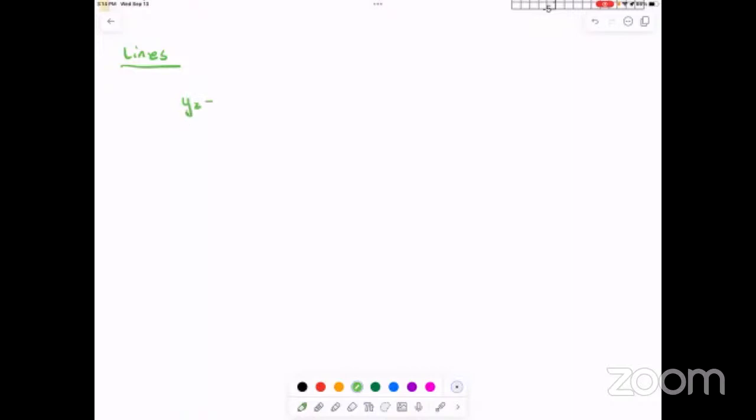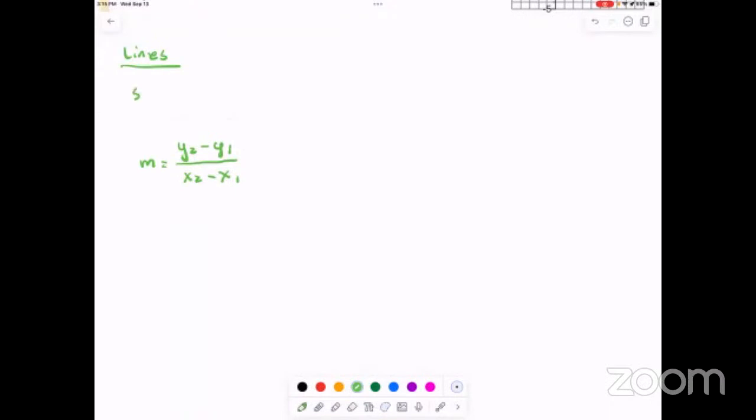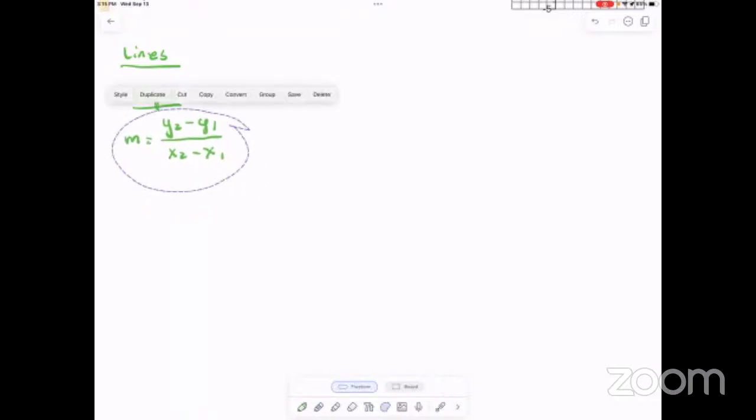You also want to have the point slope formula ready to go. That's going to be y minus y1 equals m times x minus x1.